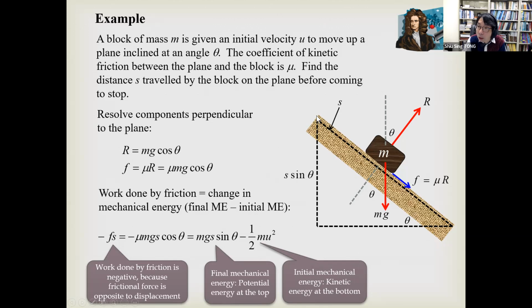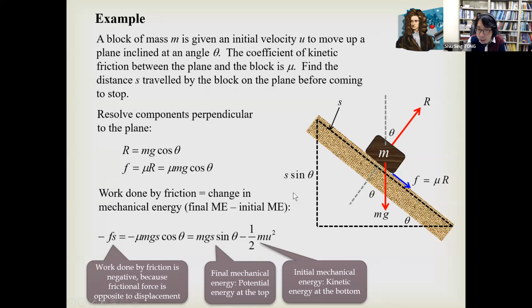But at the top, when the block goes to the maximum height, its kinetic energy is 0, right? So it becomes momentarily at rest. The only energy that the block has is the potential energy. The potential energy is mg multiplied by the height that it has traveled, but the vertical height is the displacement multiplied by sine theta.